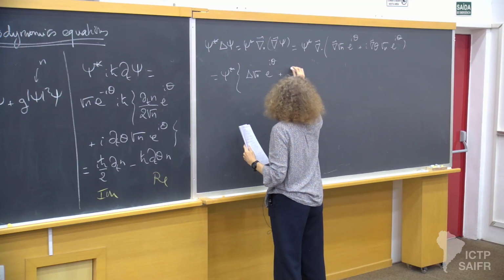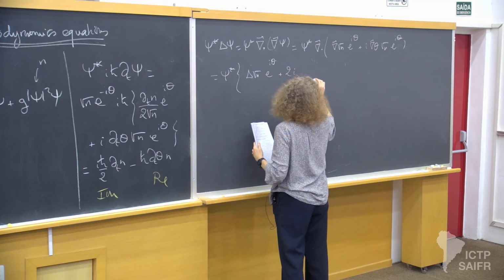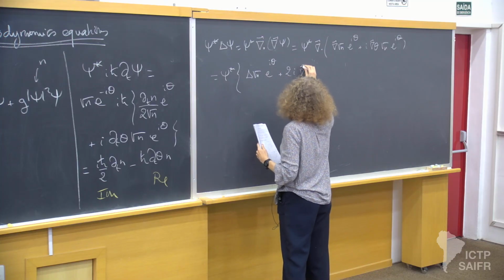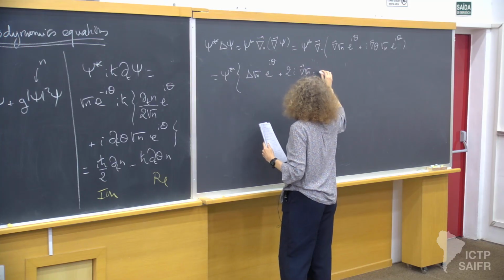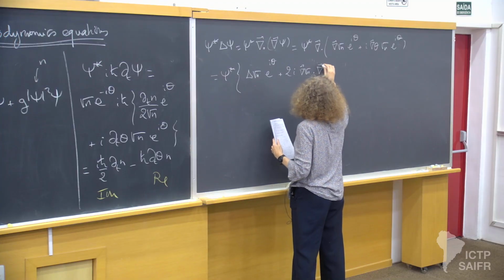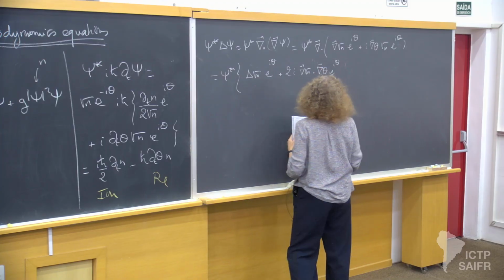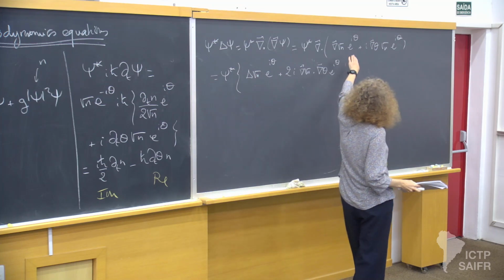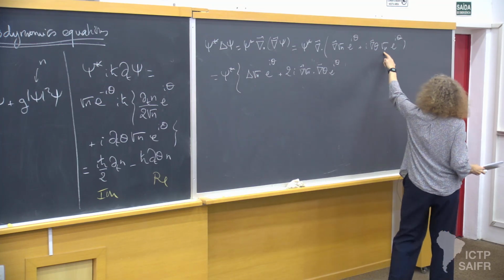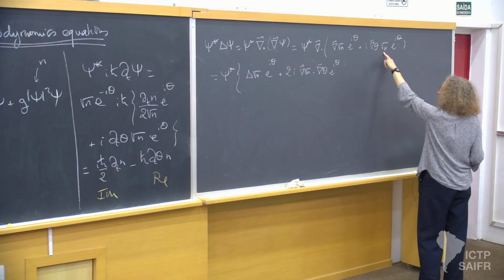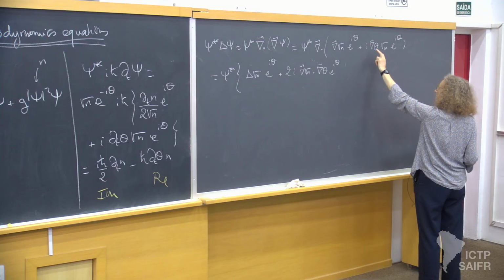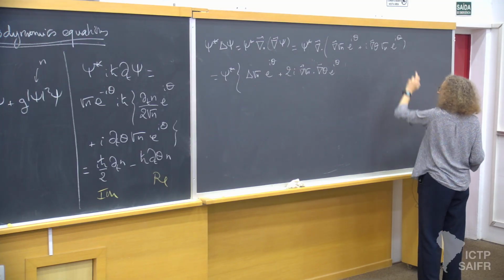So I will have 2i gradient of square root of n, scalar gradient of theta, e to the I theta. So this is derivating this one and derivating that one. And now I have to derivate that one and also this one.